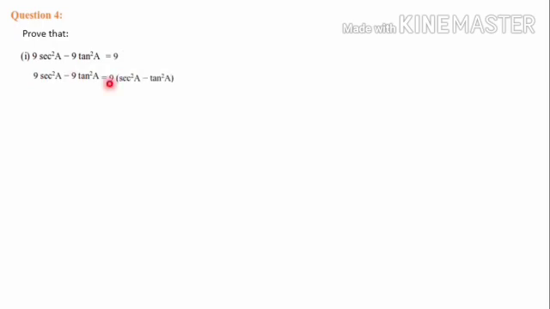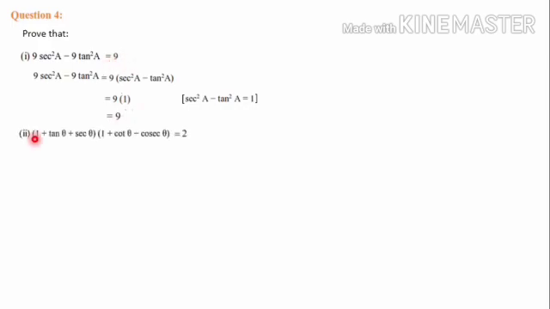So let's take 9 common, that is 9 into, first term is 9 sec square A, from there 9 going means balance sec square A. Second term is 9 tan square A, from there 9 going means you will get tan square A. So inside the bracket, sec square A minus tan square A. It is quite familiar for us, that is sec square A minus tan square A is the identity, that is equal to 1. So 9 into 1 is equal to 9. That is our right hand side.